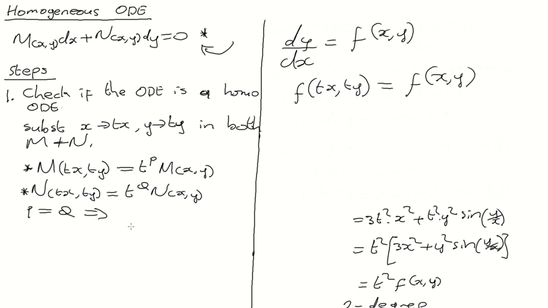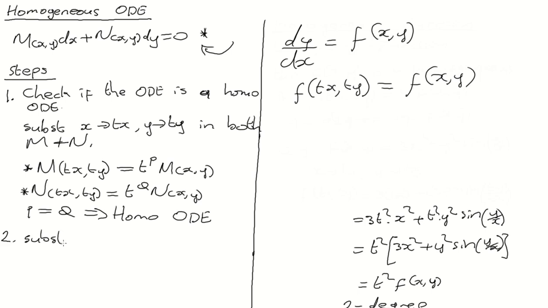we have something special here, because p is equal to q, it implies we're having a homogeneous ODE that you can solve using the steps that we put next. So step number 2, what do you do?